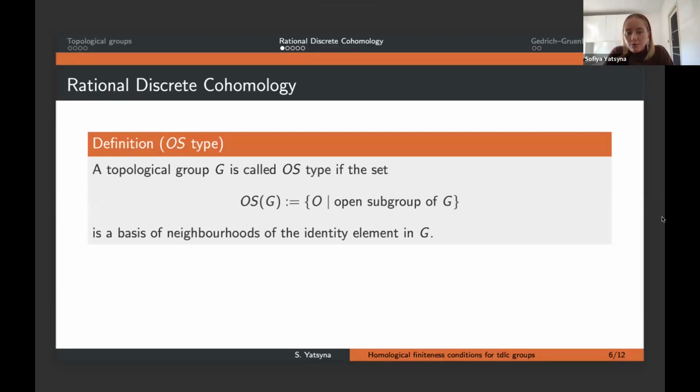An OS type group is just a topological group where you have an open subgroup that forms the basis of neighborhoods of the identity in your group. Two simple examples of these include profinite groups and TDLC groups. So you can think of them as almost like a generalization of a TDLC group.